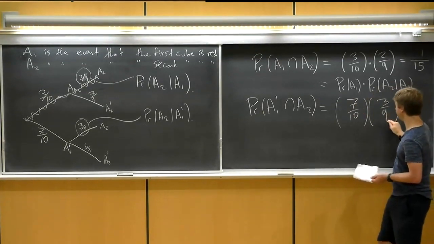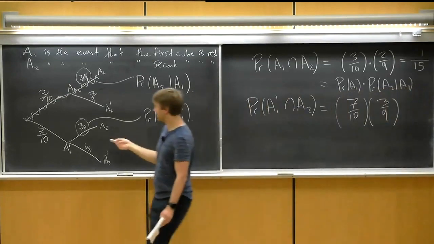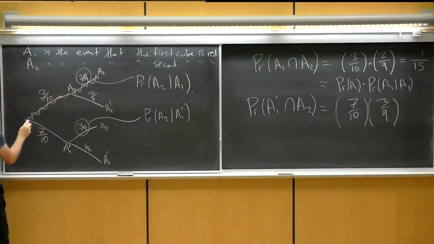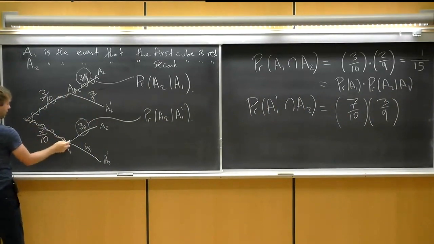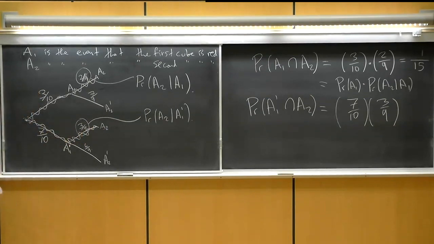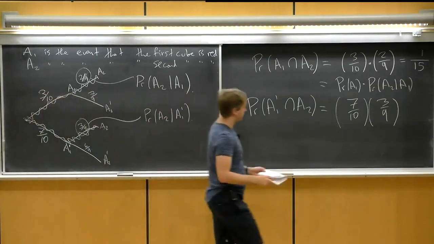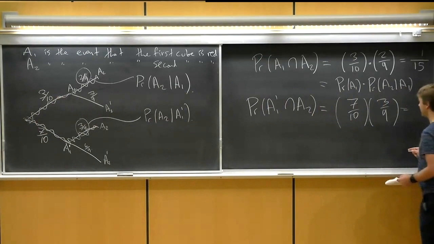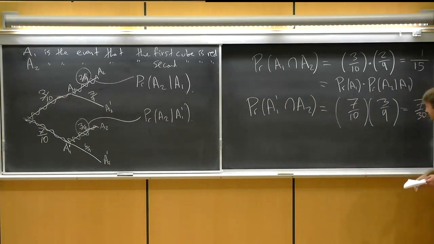And I'm guessing you got that by just walking down the correct path in the tree diagram. We want A1 to not happen, so we go down here. We want A2 to happen, so we go up here. And you just multiply everything you see on that path. Which I guess is 7/30 or something. Okay.